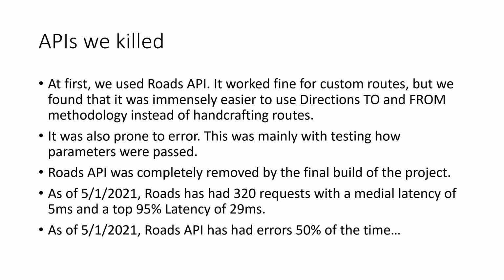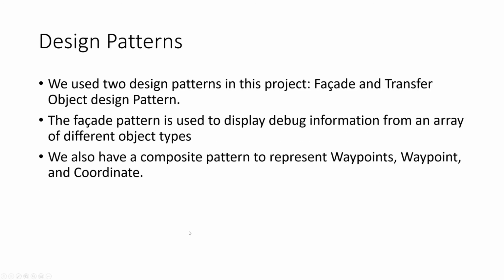We would just pass the entire route itself, and I think that's why the median latency is so low, because we didn't really have to have it on the server. It's not being sent. And then we also had errors part of the time. That was mainly from testing how we could pass the route as a parameter, but it did count as error. So Roads API did have errors 50% of the time.